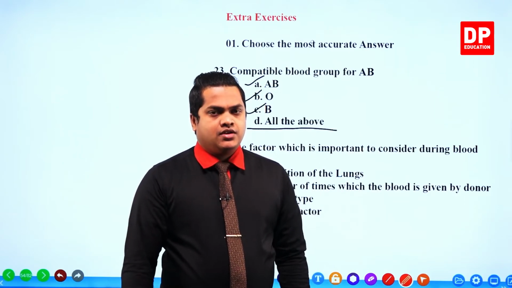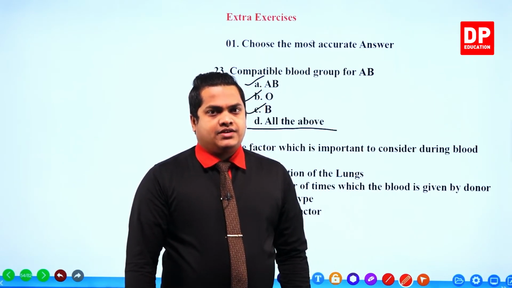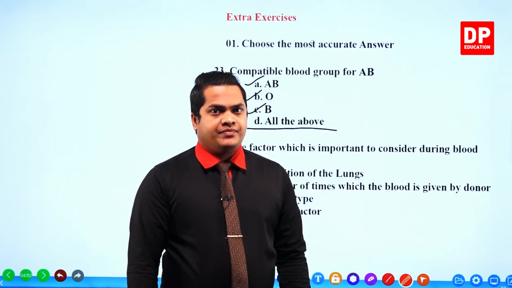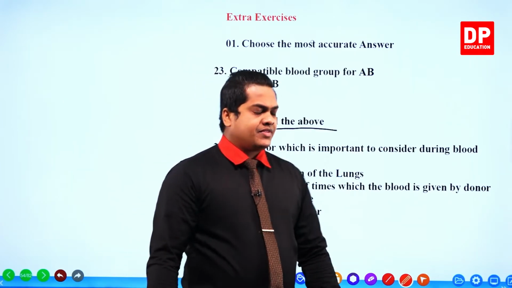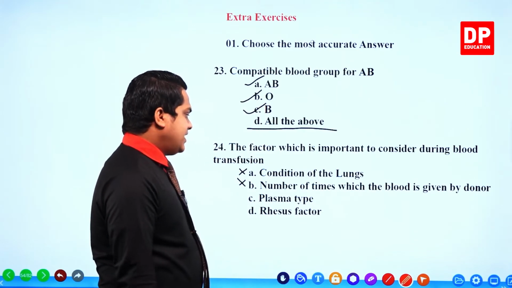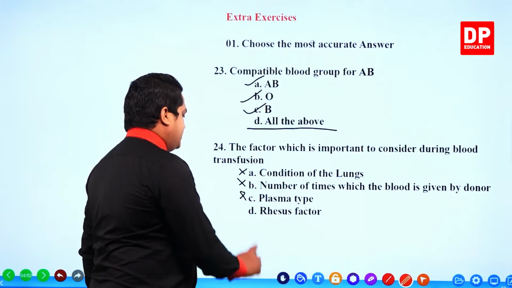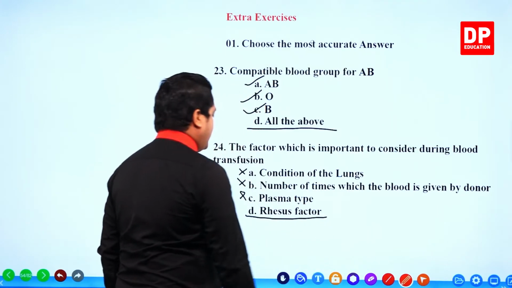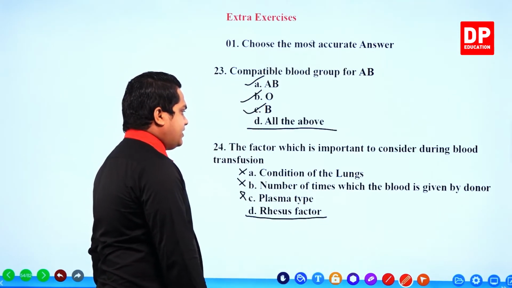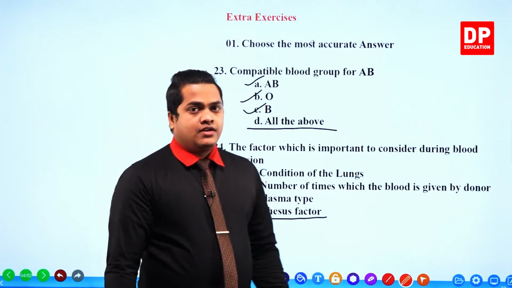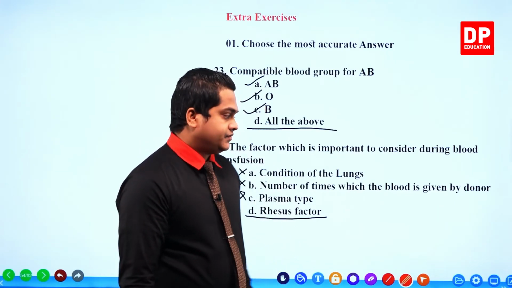It's not relevant actually, the number of times the donor has donated blood. Next one, plasma type, no need. Rhesus factor, yes, the rhesus factor is a very important factor in transfusion of blood.